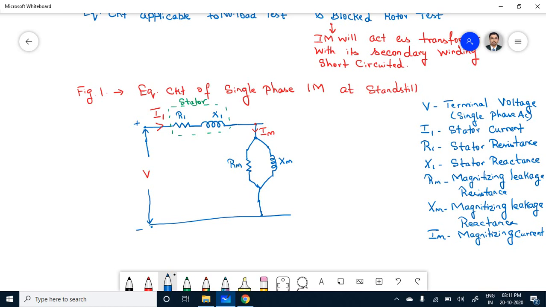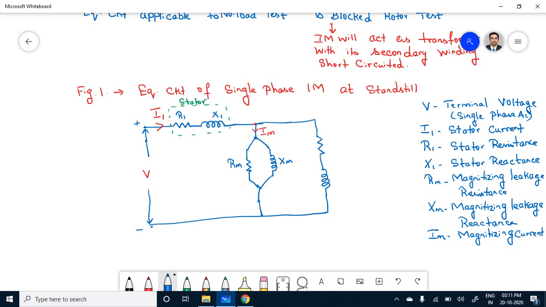Now, afterwards, the current will be entering into the rotor. Rotor is having resistance and reactance. Okay, resistance and reactance.